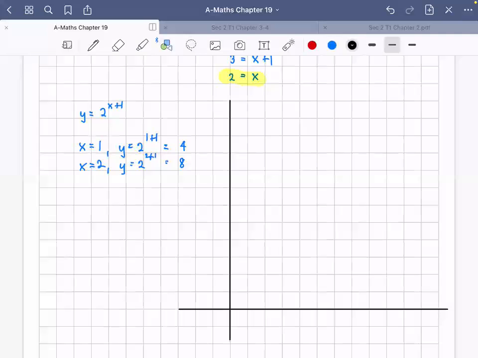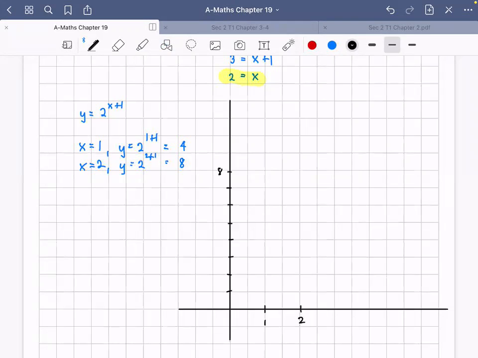Okay, so let's try drawing this thing now. So we have x as 0, 1, and 2. So let me put this 1, and then this is my 2. And then for my y values, okay, so let's see if it's a 1.